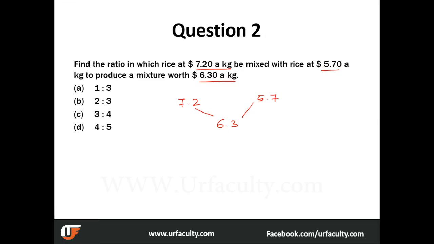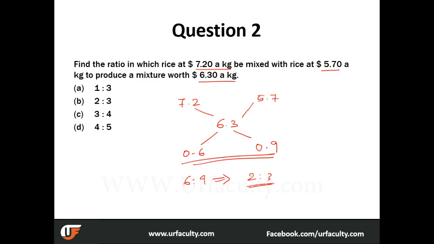So how far is this 6.3 away from 5.7? If you do the calculation, it will be 0.6. 5.7 plus 0.6 is 6.3. And how far is this one? This is 0.9, right? So they are in the ratio of what? 6:9, which is equal to 2:3.